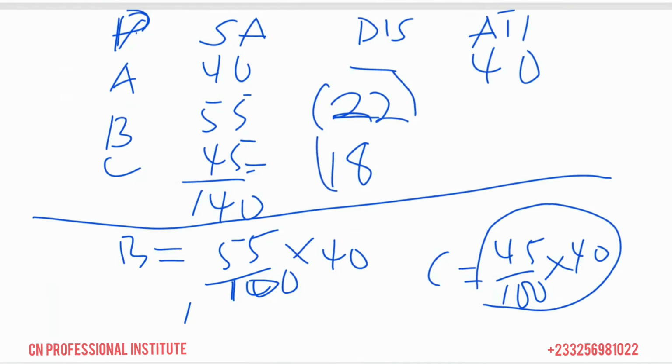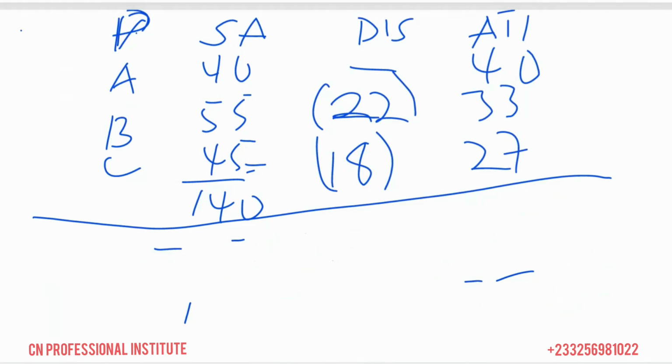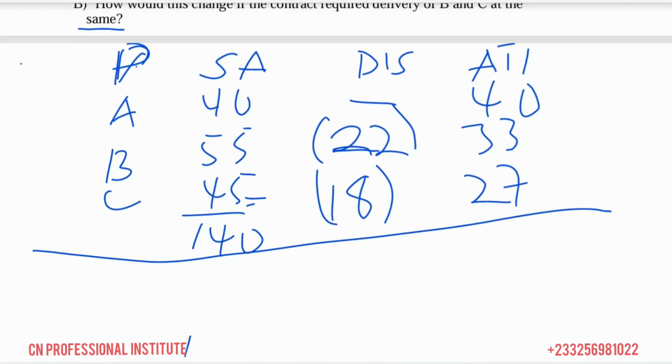So you subtract: 55 minus 22 gives us 33, and 45 minus 18 gives us 27. So this is how we are going to share the 40 discount. A will never get a discount because for A, the standalone selling price is 40, and we normally sell it for 40, so no discount. The discount goes to B and C. So it's just normal mathematics. How do you share something?